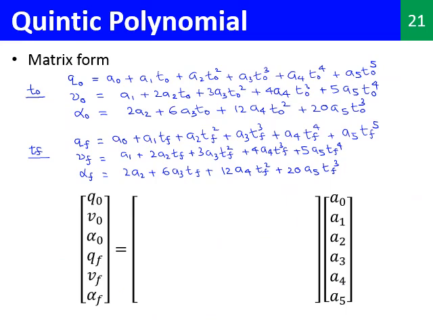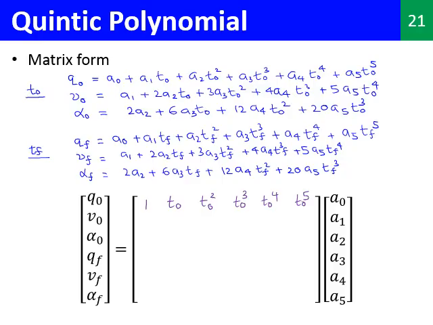Again, we can put this into matrix form. For the first row, we would have 1, t0, t0 squared, t0 cubed, t0 to the power of 4, and finally t0 to the power of 5.